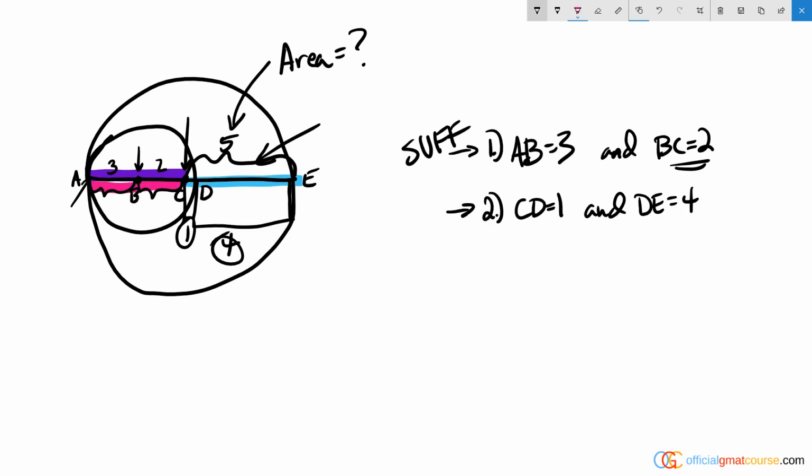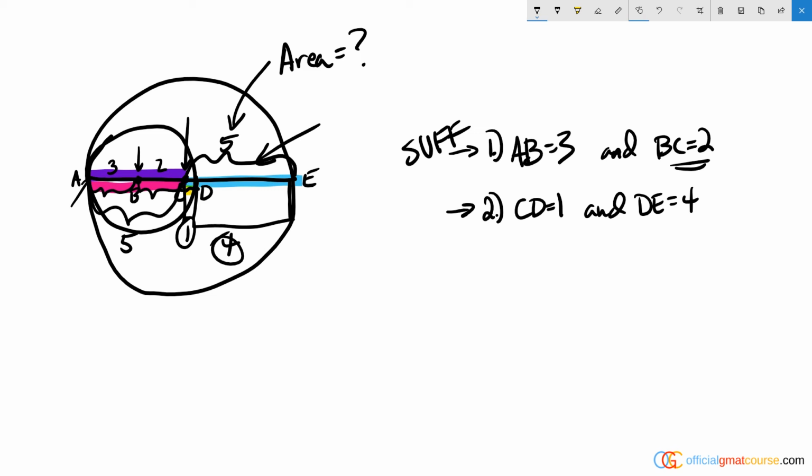Now, if we know the distance from there to there is 5, and we know that that is almost all the way across the smaller circle, except for the distance from C to the edge of that circle, which we know is a distance of 1, then we know from here to here, this pink color I just drew, is a total of 5.